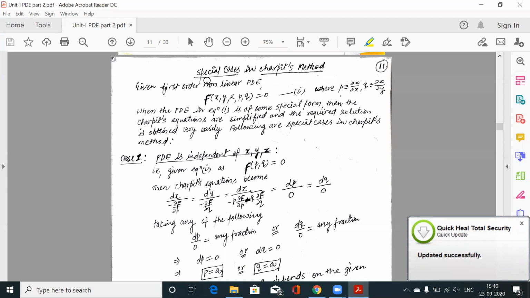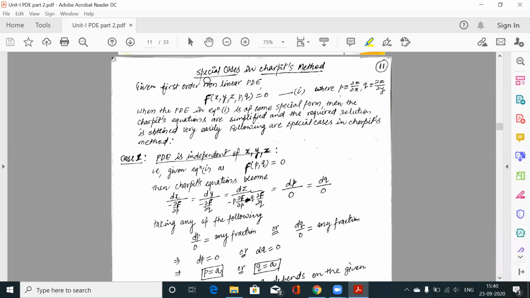Then we write the Charpit's auxiliary equations. Then we find one pair out of these auxiliary equations to get one relation between P and Q, and we use that relation with the given PDE to get the values of P and Q in terms of X, Y, Z. And finally, we substitute these values of P and Q in the equation dz is equal to PDX plus QDY, so that this equation is integrable.